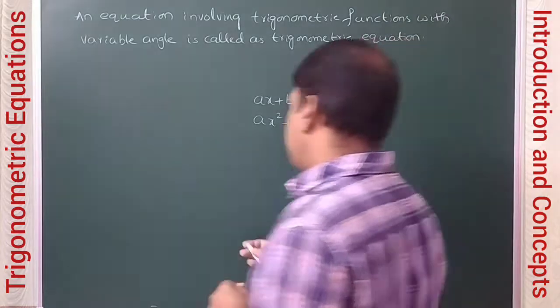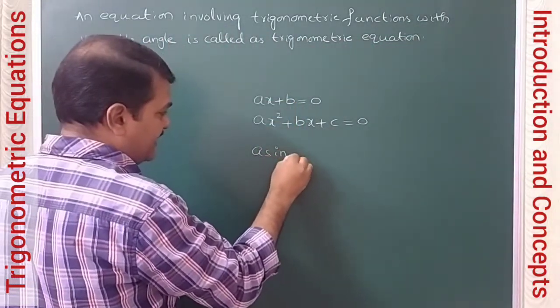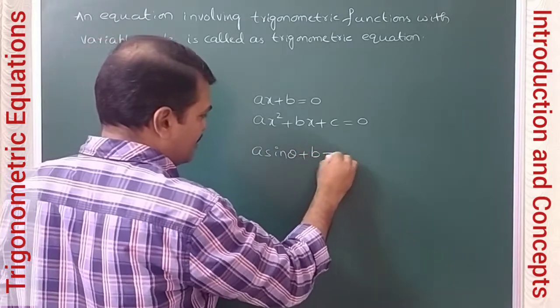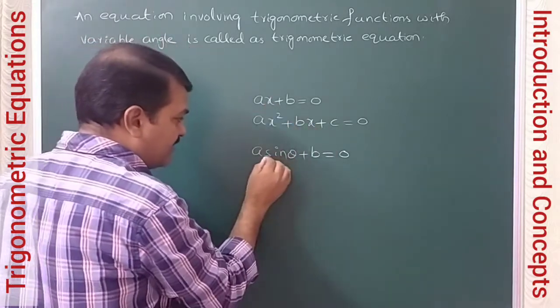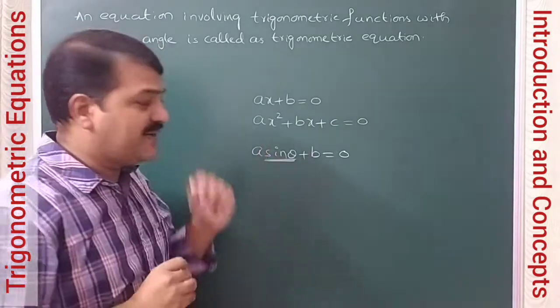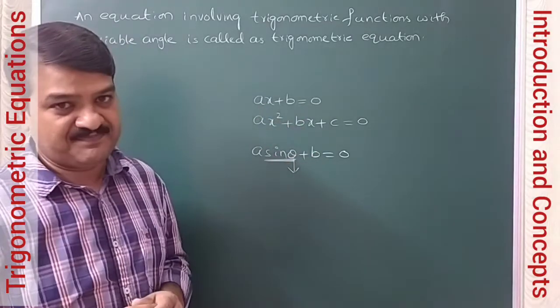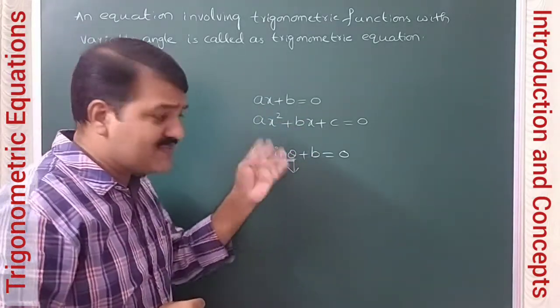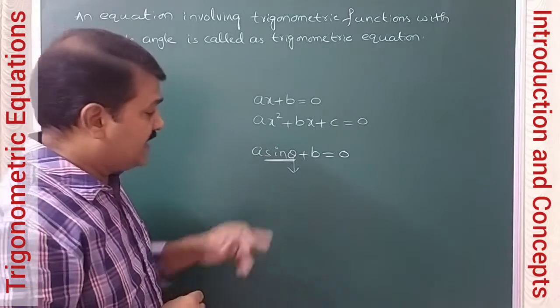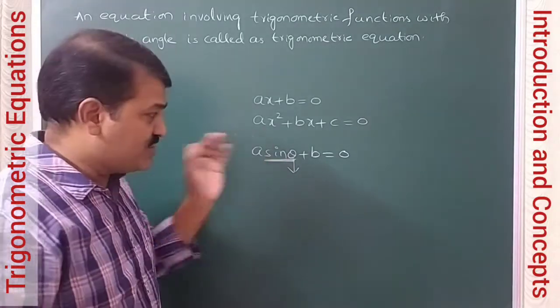For example, in place of x, if I take sin theta, a sin theta plus b is equal to 0. This is the equation involving a trigonometric function where theta is the variable angle. Theta can be replaced with different angles.